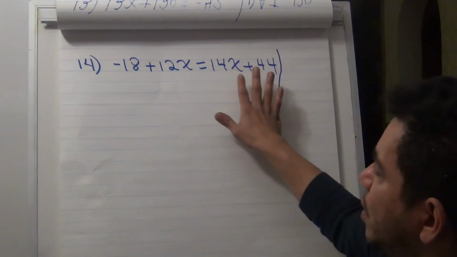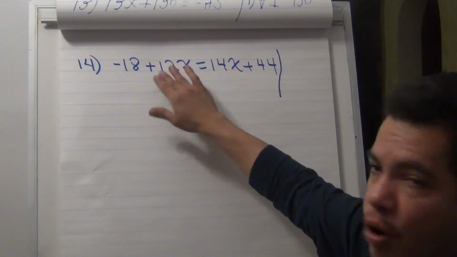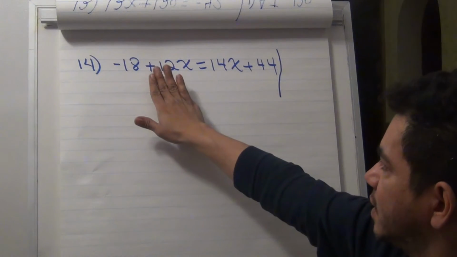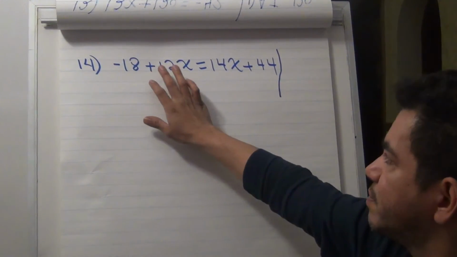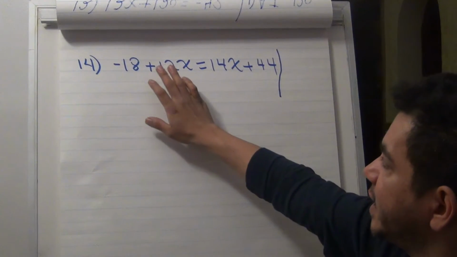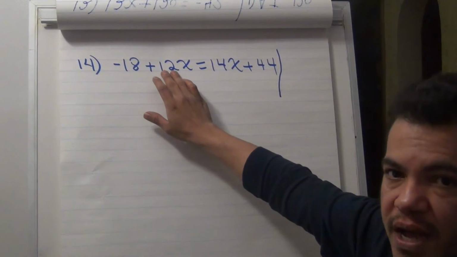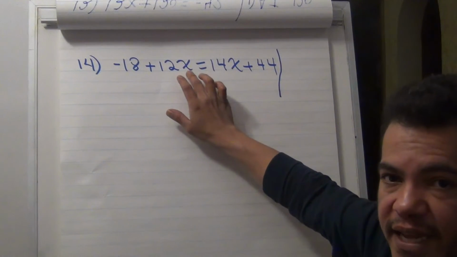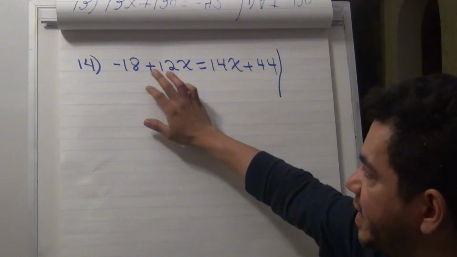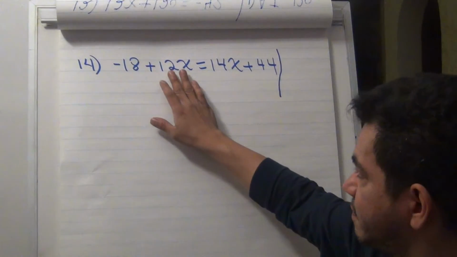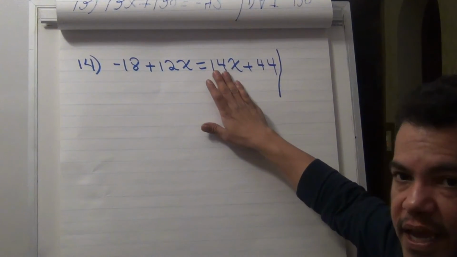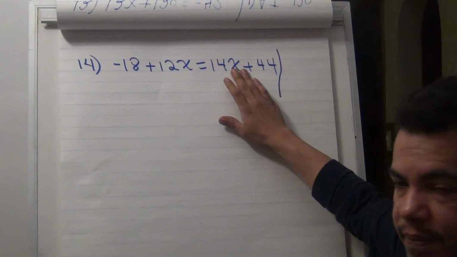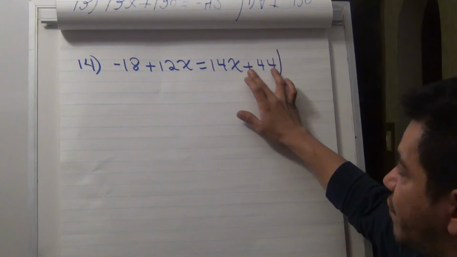Alright, look, what operations do we have? We have multiplication. Just because you see this plus here doesn't mean that it's adding. This just says that this 12 is positive. 12 is actually multiplying the x. And then there is a subtraction of 18. On this other side, we have a multiplication of 14 by the x, and we have an addition of 44.